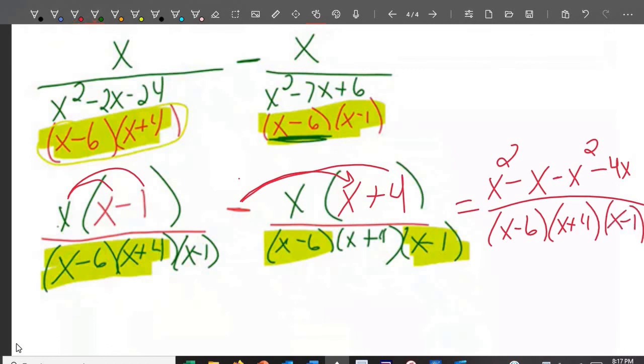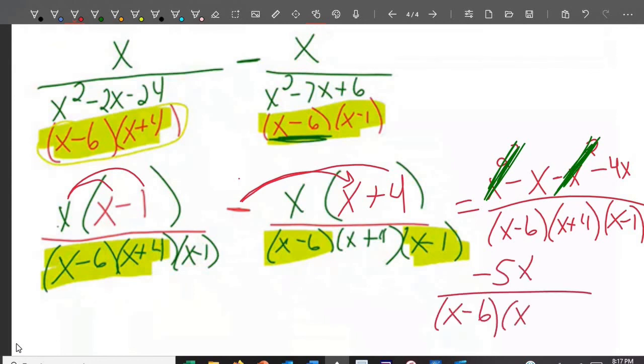Now, notice the x squares cancel out. We combine the negative x and the negative 4x, and we'll get negative 5x over x minus 6, x plus 4, x minus 1. So this is the final answer.